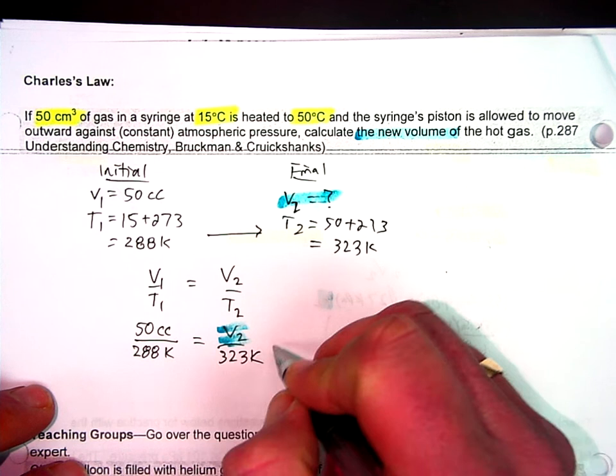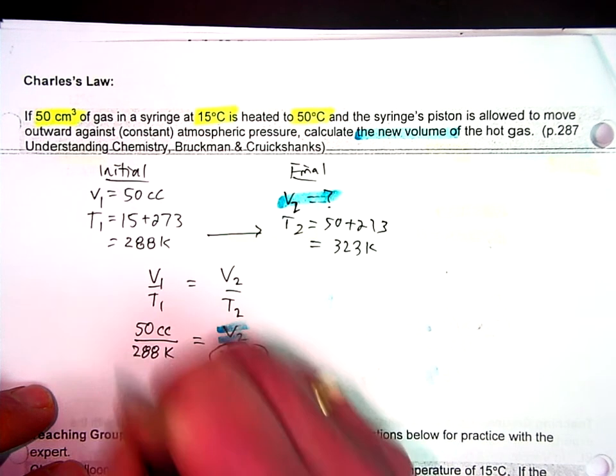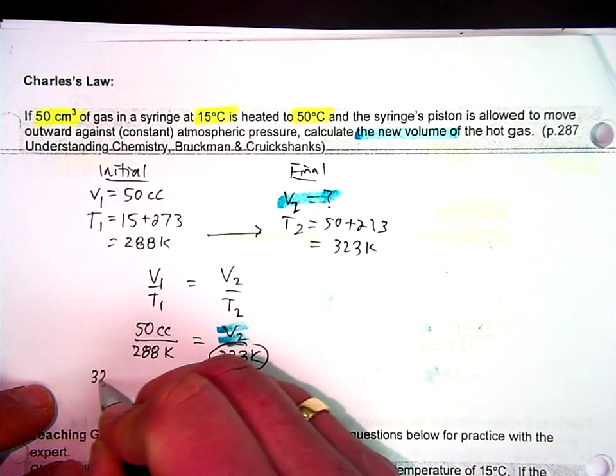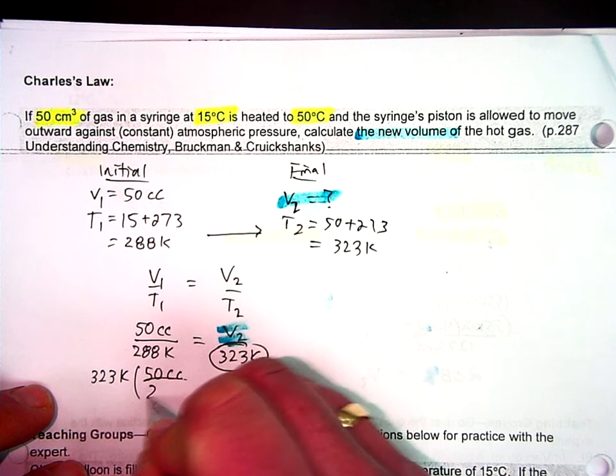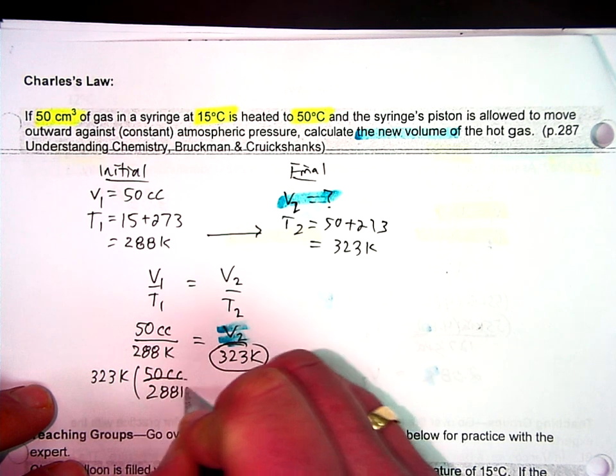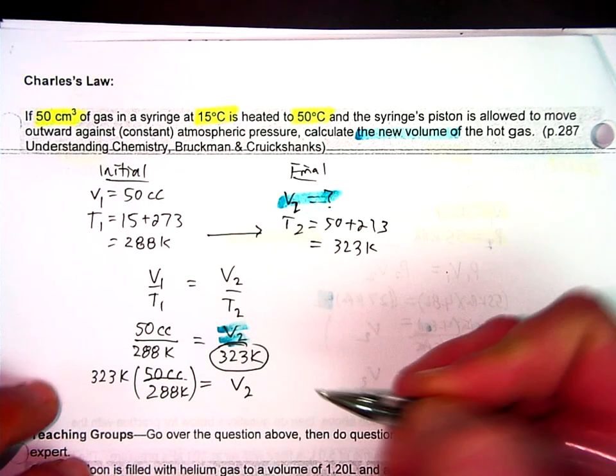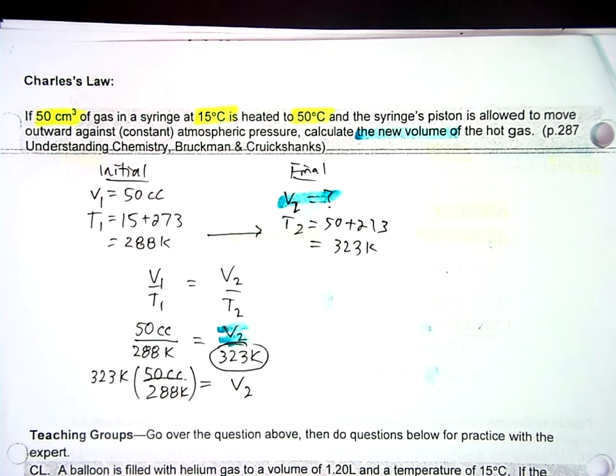So what I'm going to do is I'm just going to multiply. So 323 Kelvin, 50 cc, 288. You want to be careful if you're calculating temperature, because if you just do that simple moving over, you're going to end up getting the reciprocal of the volume, not the actual volume.